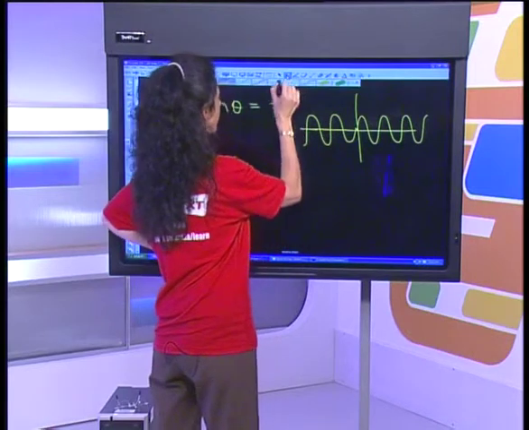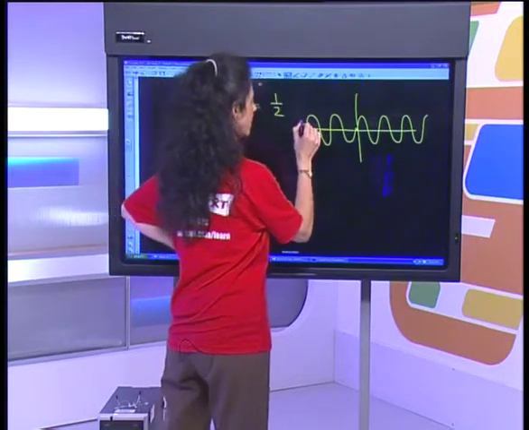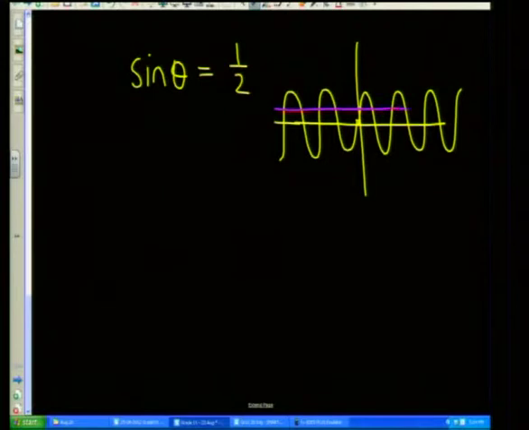Just look at how many possibilities there are. We'd have this possibility, that one, this one, that one. If I get this one, it's going to repeat itself over there, and over there, until infinity. So we're going to have all these purple solutions.